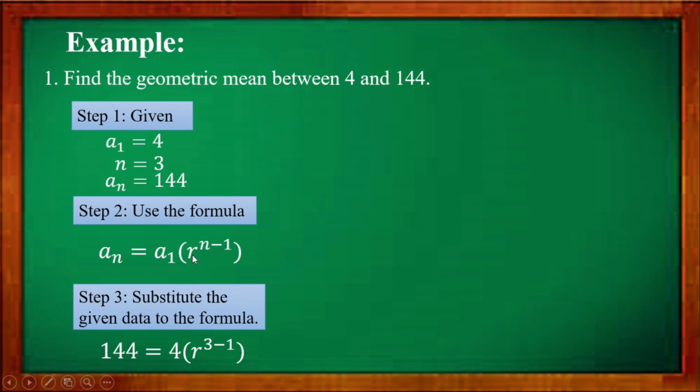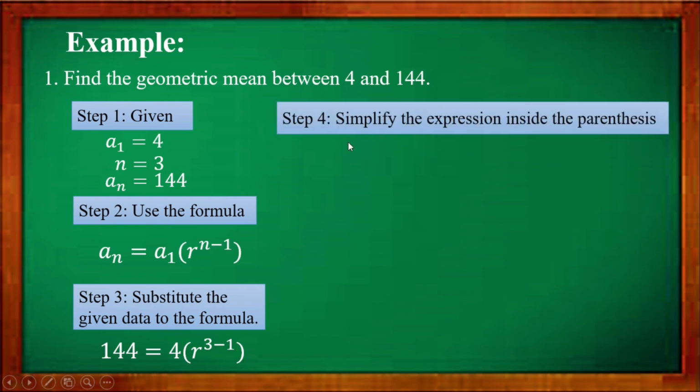The value of r is still unknown, so we are going to get it first. Simplify the expression in the exponent: 3 minus 1 is just equal to 2. Then we will have 144 equals 4 r squared.